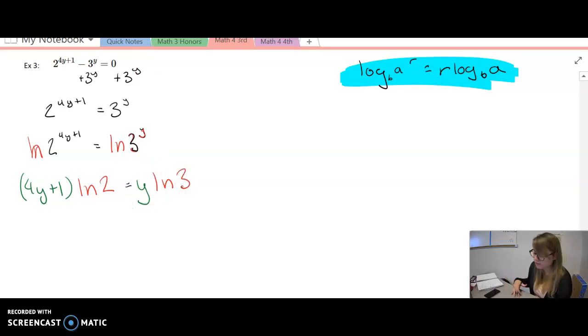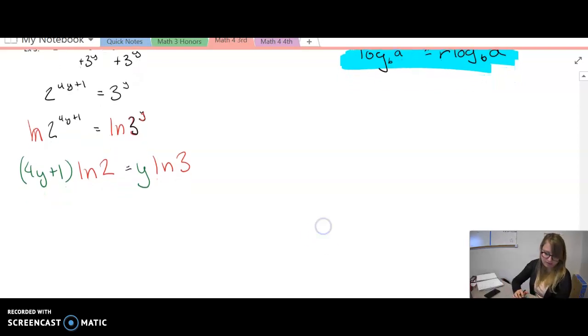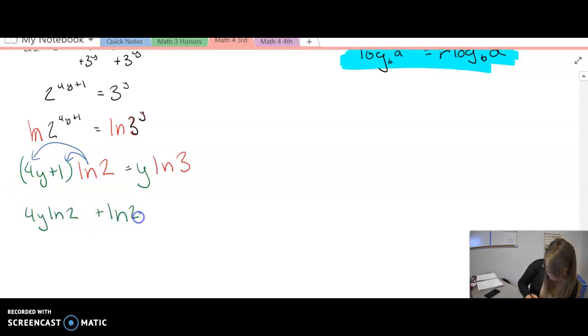So now we're going to solve for y, just like the normal process. So I'm going to distribute my natural log to both. So now I have 4y natural log of 2 plus natural log of 2, because natural log of 2 times 1 is natural log of 2. And then I have y equals the natural log of 3.